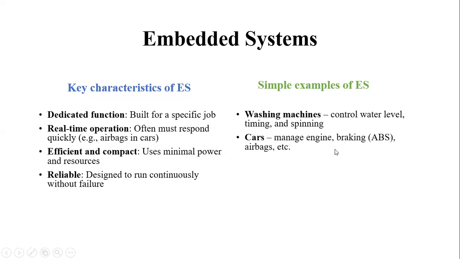The next one is cars: managing the engine, ABS, air brakes, etc. Nowadays most cars have some embedded systems, in the automotive domain, to maintain the car engine based on the required applications, to apply the brakes with the auto ABS system, and to protect you from accidents, you are using airbags.